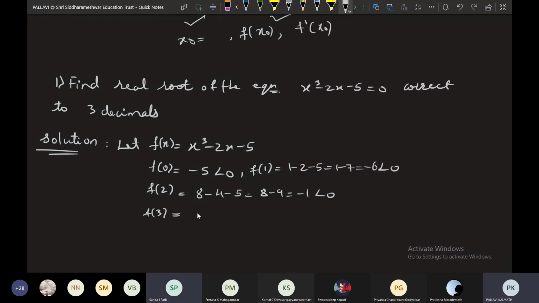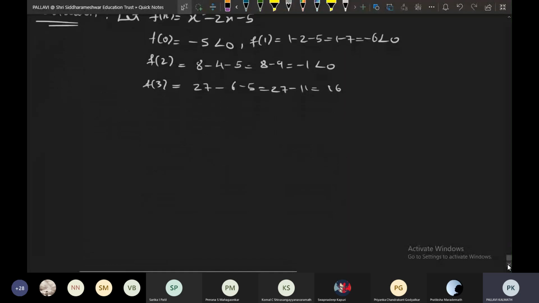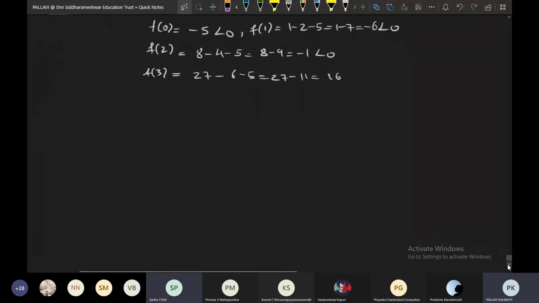Two and three. What are the values you are getting at 2 and 3? Minus 1 and plus 16. Okay. So you located your root, where the root lies between 2 and 3.